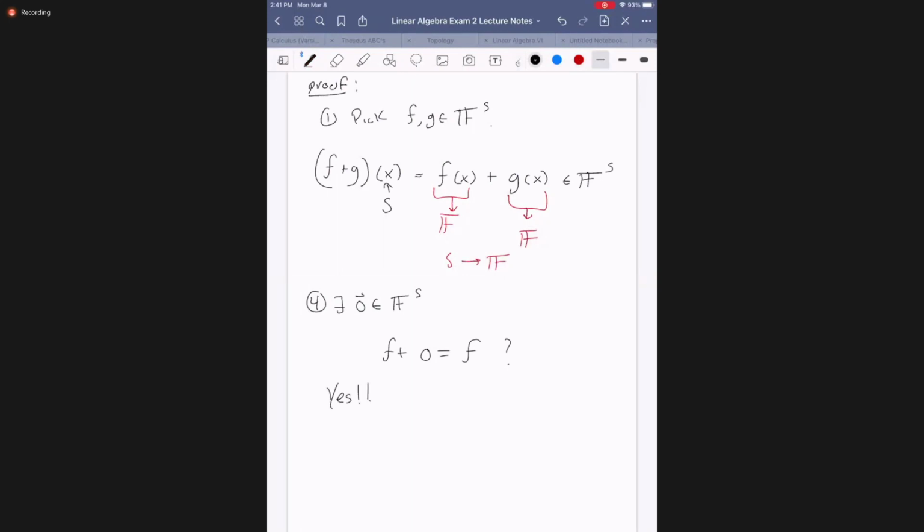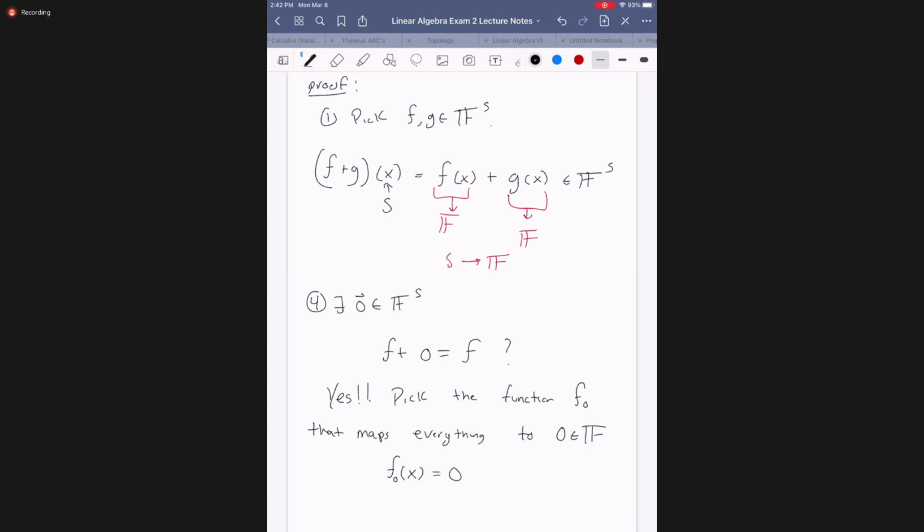Why? Because just pick the function, let's call it f0, that maps everything to 0 in F. In other words, f0 of x is equal to 0.